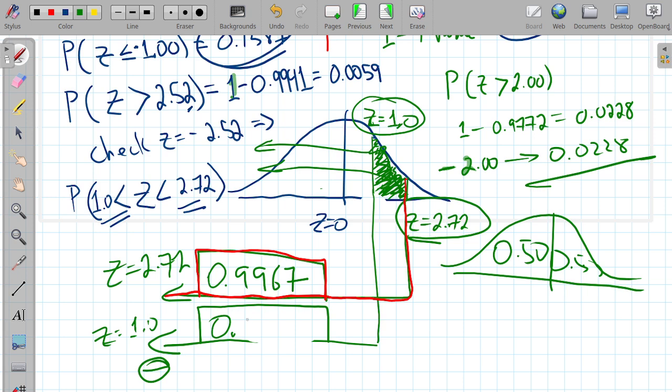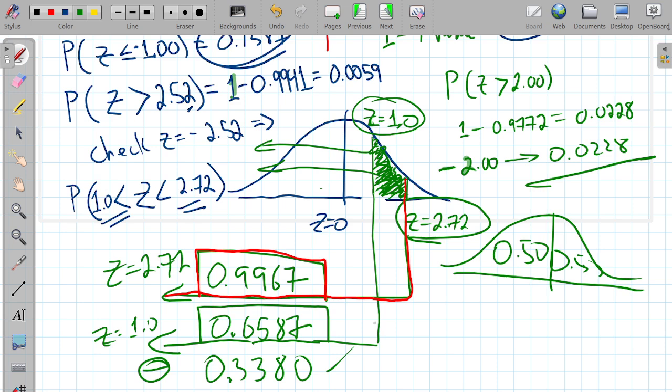So this should have been 0.8413. And now we'll get the right answer. So this is 0. This is still an 8. Now it's that. And 9. There we go. That's the correct answer now. So this is right.